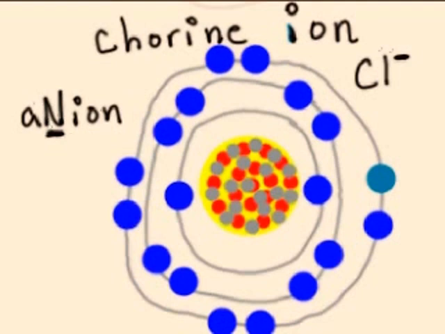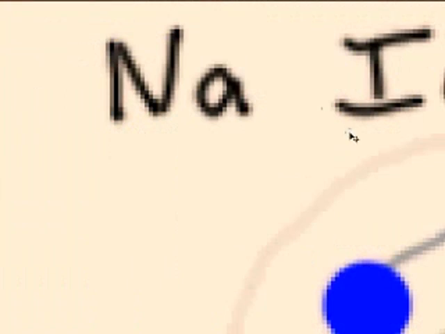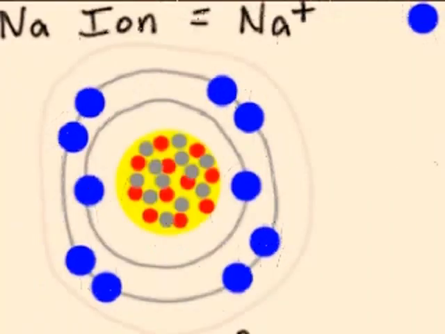And if an ion, like sodium up here, has a positive charge, okay, let me zoom in here. If it has a positive charge, we call it a cation. A cation. And so that's C-A-T-I-O-N.